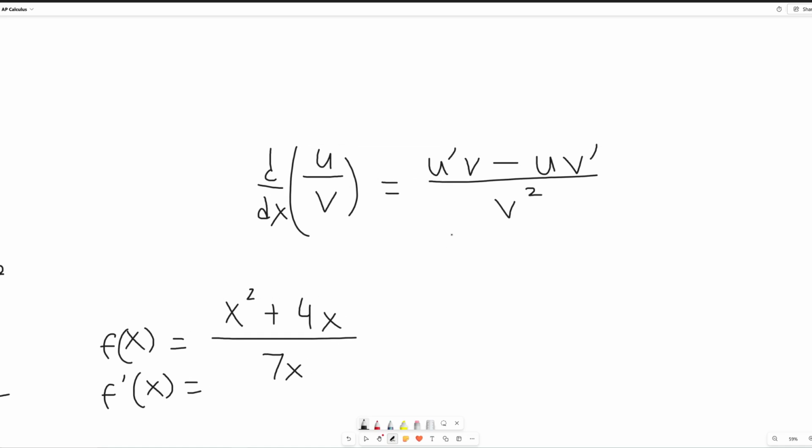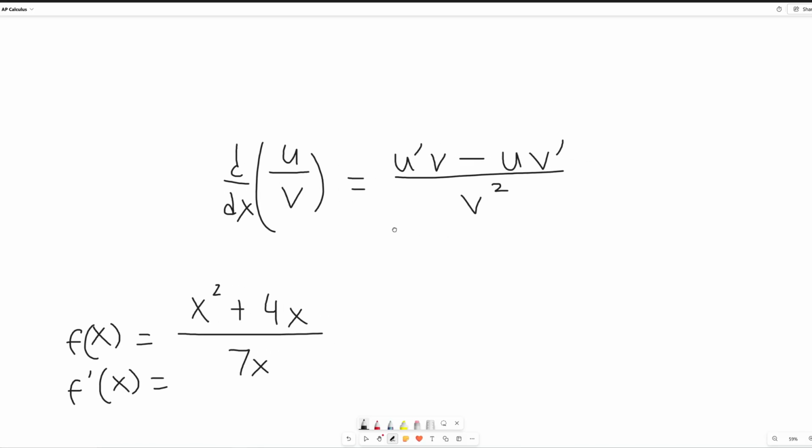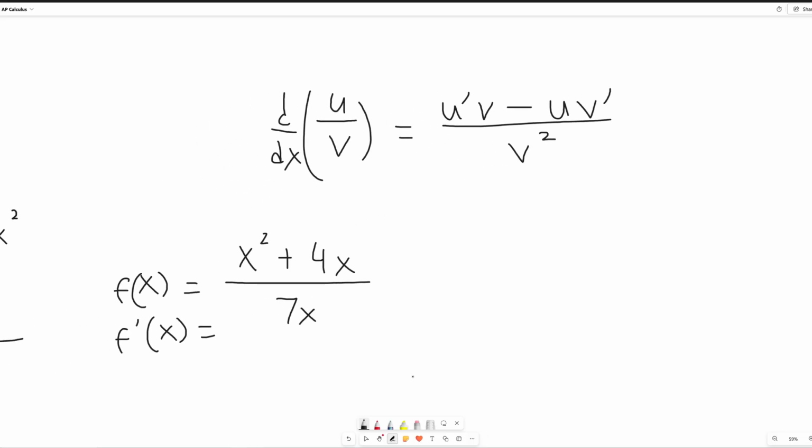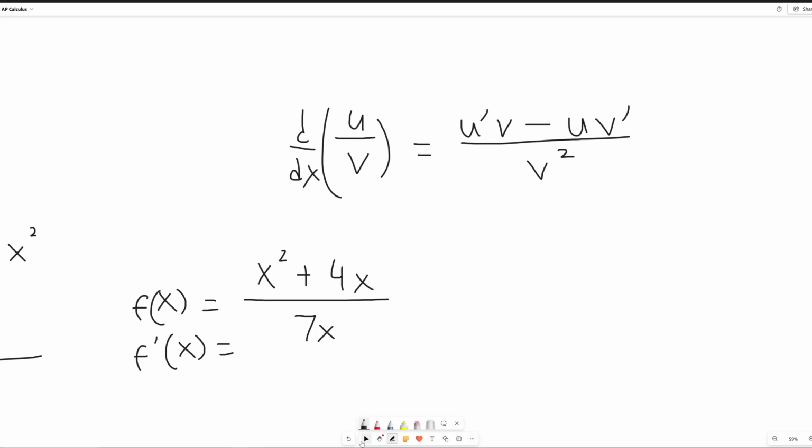So there's many different expressions that you can use to memorize it. I like low d high minus high d low over low low. But whichever way you want to memorize it is up to you.